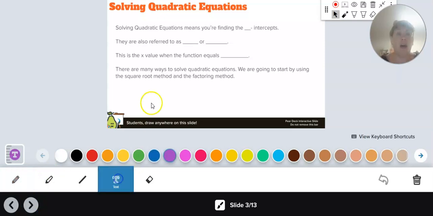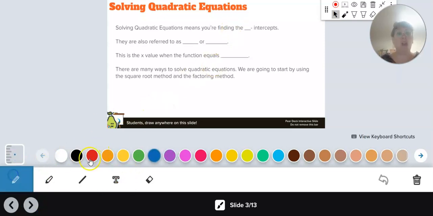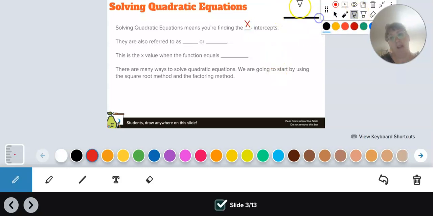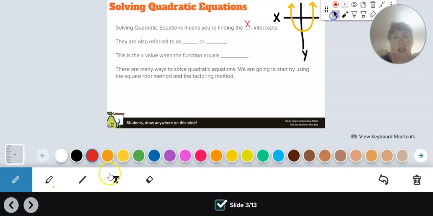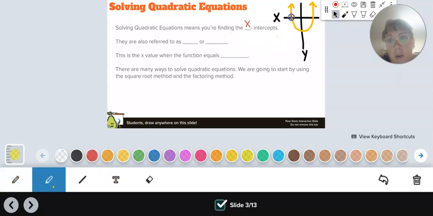So solving a quadratic equation means that you are finding the x-intercepts. When you think of a graph, we have our x-axis and our y-axis. When we draw some quadratic function, what we're solving for are these x-intercepts.